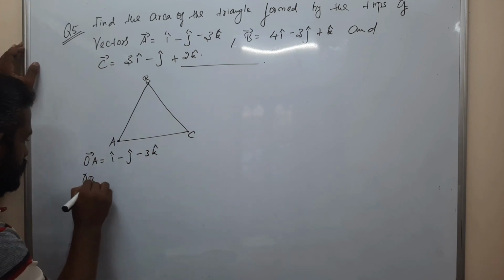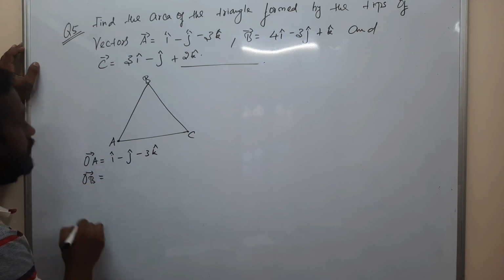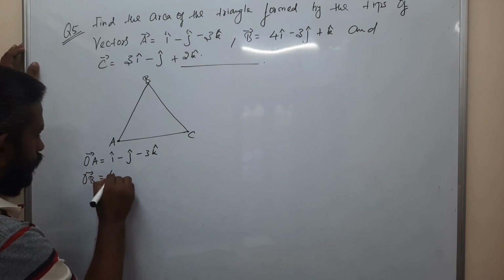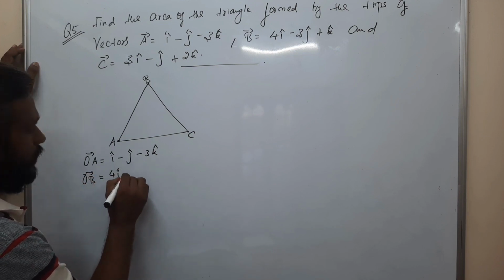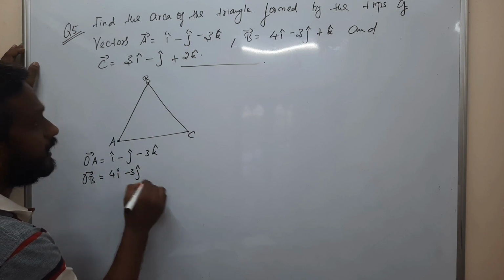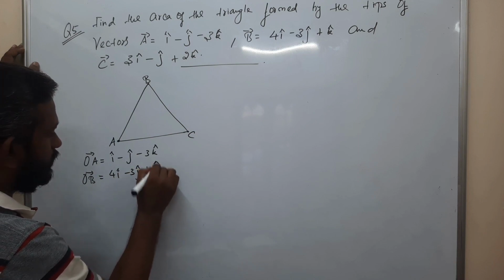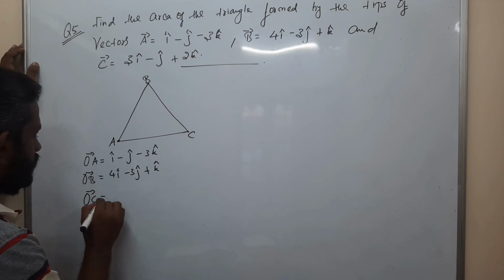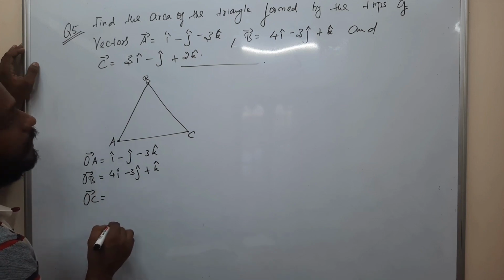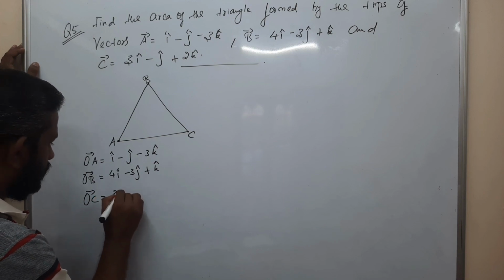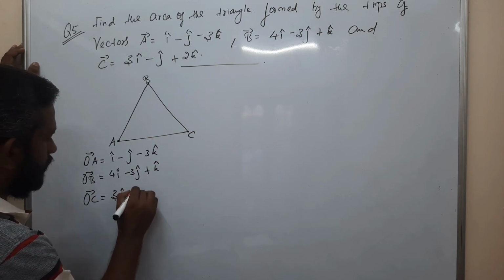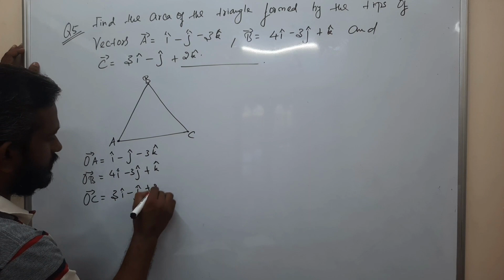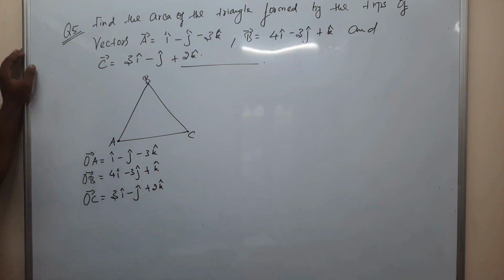OB vector is equal to 4i cap minus 3j cap plus k cap. OC vector is 3i cap minus j cap plus 2k cap.